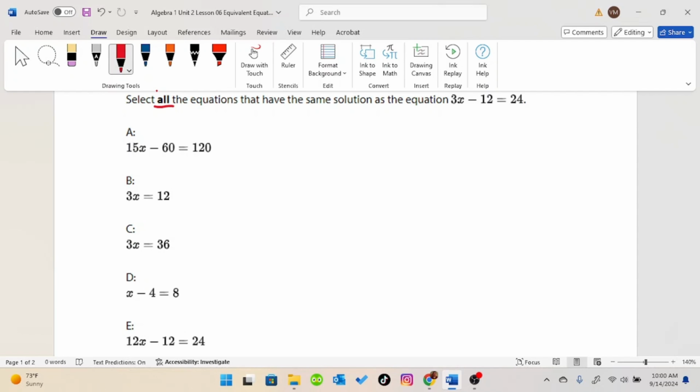So for choice A, to go from 3x to 15x, they multiplied by 5. To go from negative 12 to negative 60, they multiplied by 5.